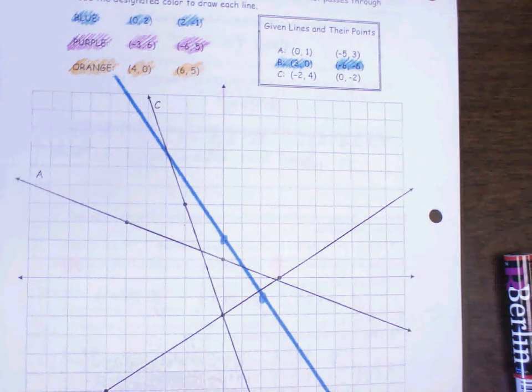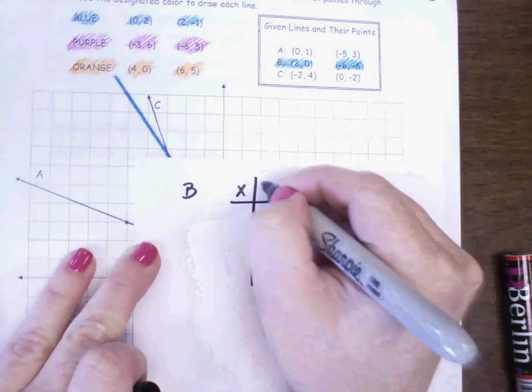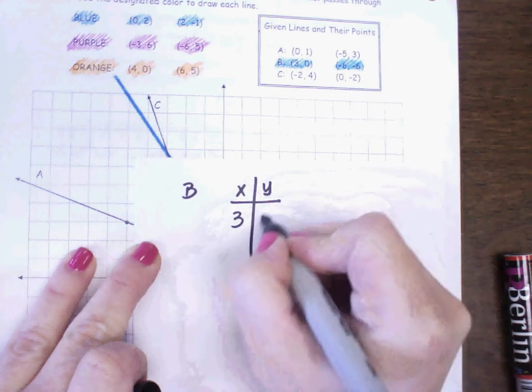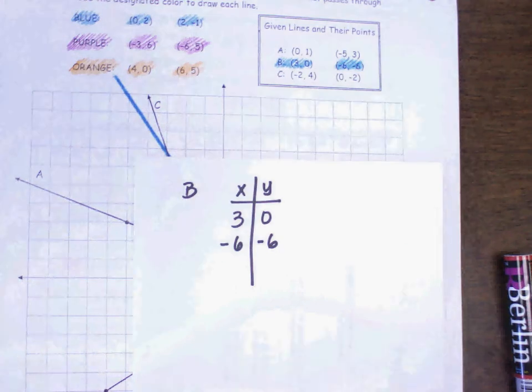But again, we're going to have to make sure, and just like in parallel lines, something happens to the slope. In perpendicular lines, something also happens to the slope. So let's go ahead and do our linear regression. B and blue. All right, so for B, the points are 3, 0, and negative 6, negative 6.